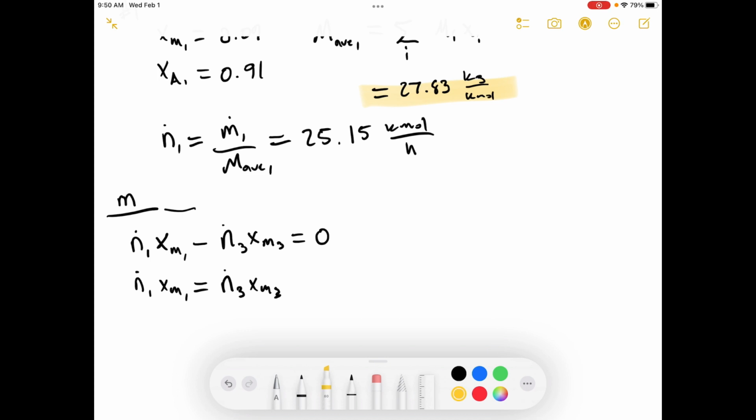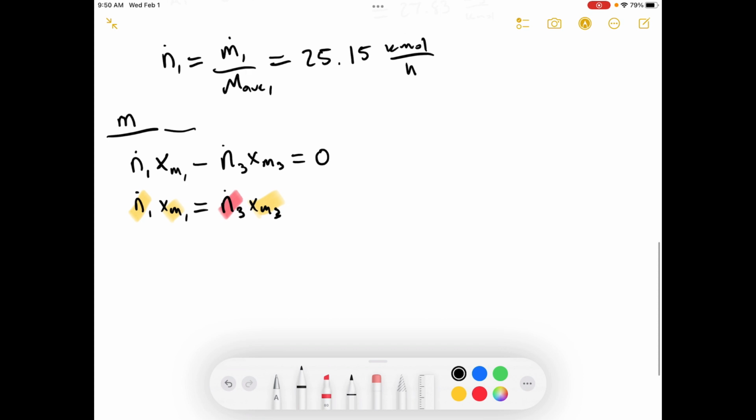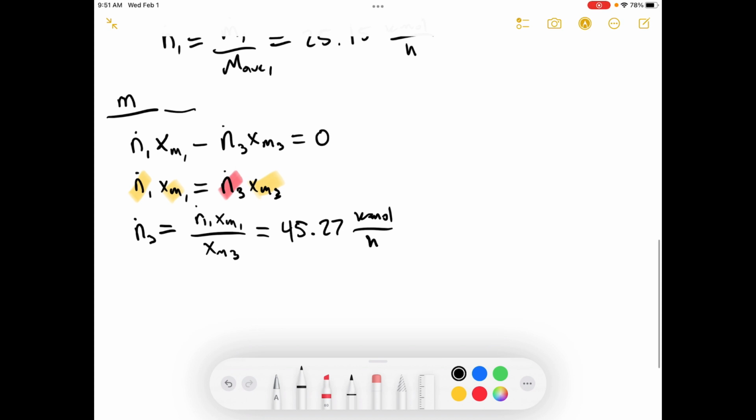And we know this term, and this term, so we can solve for the molar flow rate going out. Okay, so the total molar flow rate going out is equal to 45 per hour.